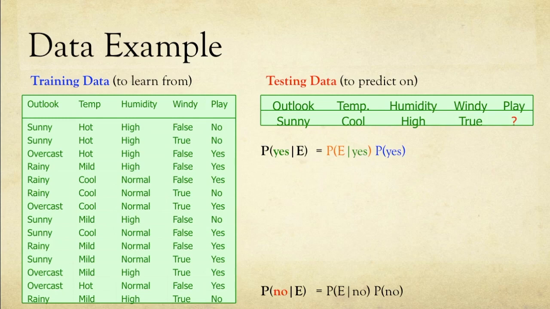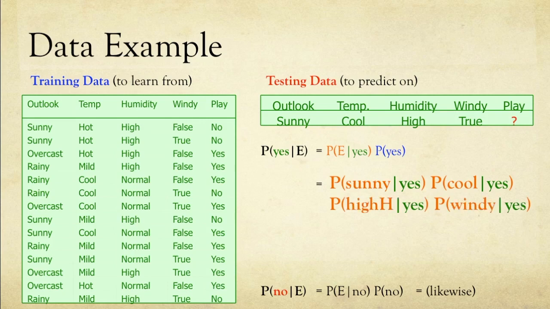So on the P(yes) part, we get P(E given yes), which can be computed by P(sunny given yes) times P(cool given yes) times P(high humidity given yes) times P(windy given yes). Okay, so these four weather conditions altogether become the evidence.